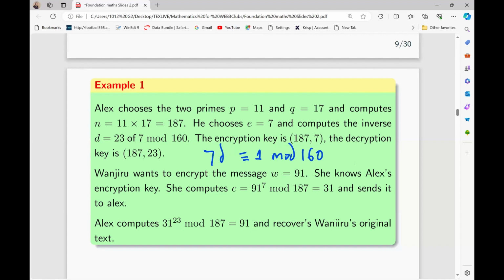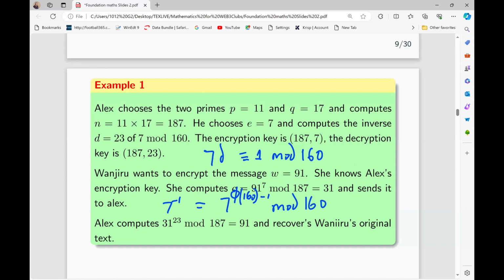If you are to do it using Euler's theorem, then you remember that it's supposed to be 7 raised to phi of 160 minus 1, then mod 160. This is what gives you the inverse of 7. So you're supposed to get phi of 160.